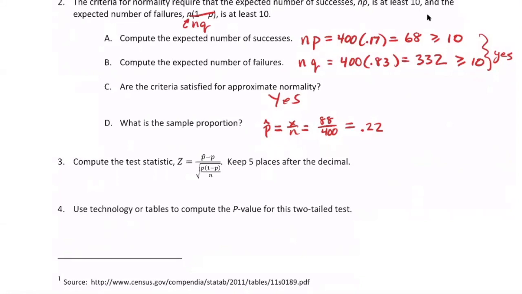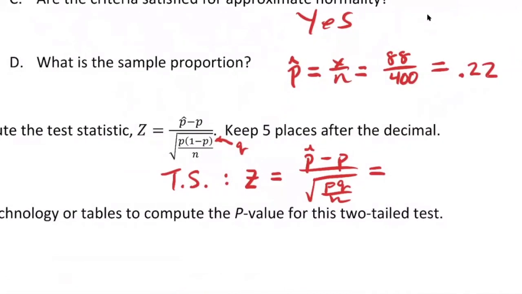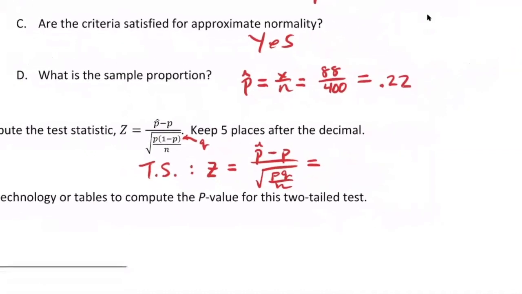All right, so once you have all that, you can do the z-score for the test stat. So z is p hat minus p over the square root of pq over n. Don't forget that q is 1 minus p, so I've got some cases here where I'm saying 1 minus p, which is the same as q, so please forgive that.